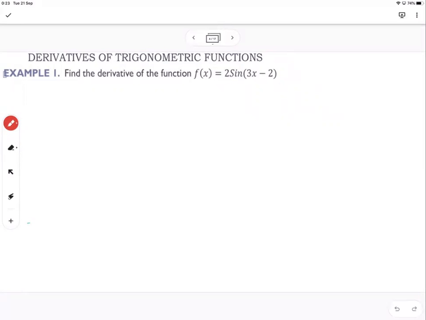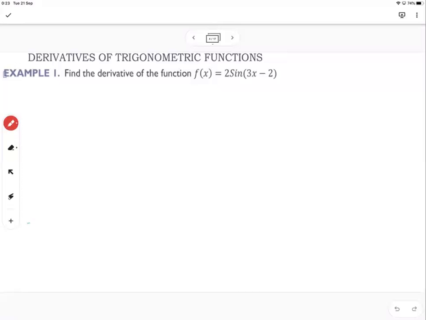Also, the angle of a trigonometric function could be an exponential function, okay? So we will have mixed rules there, exponential rule with trigonometric rule. So everything could be mixed now, all the rules. Okay, so the instruction is the same as always, find the derivative of the function.